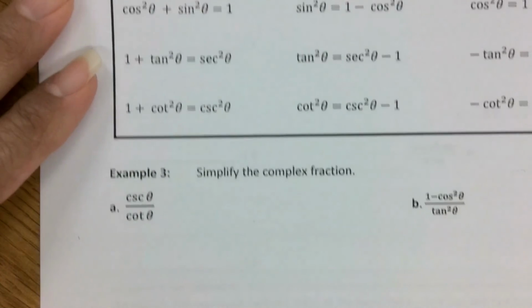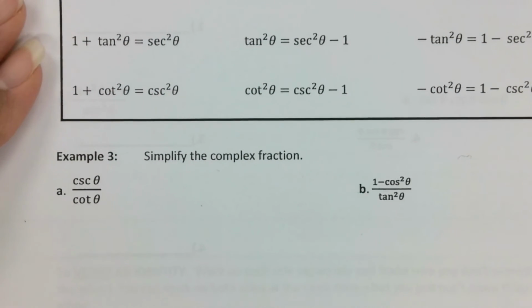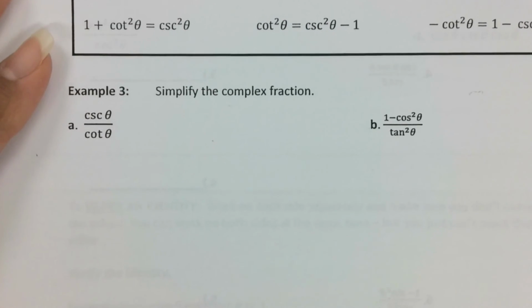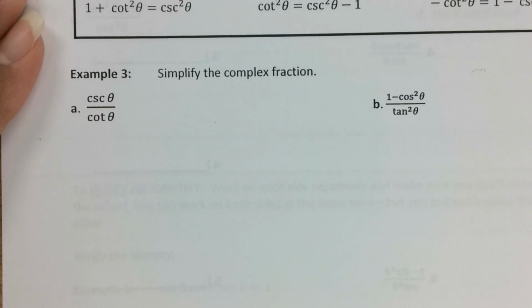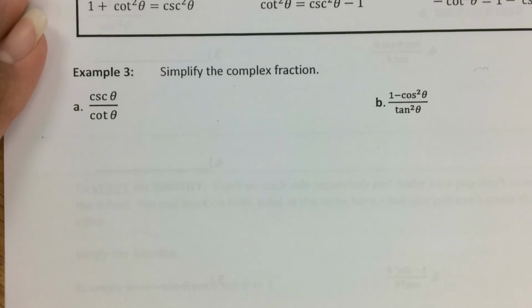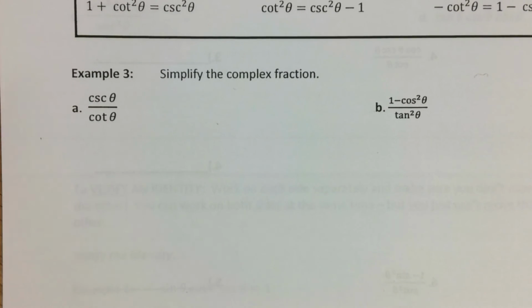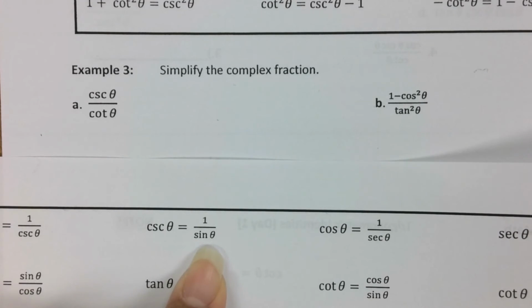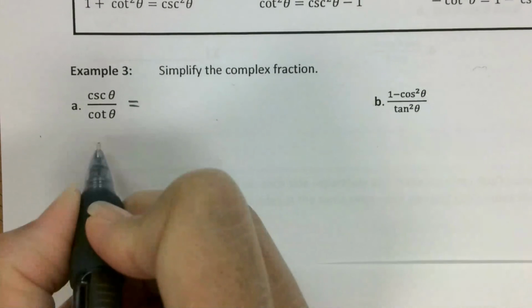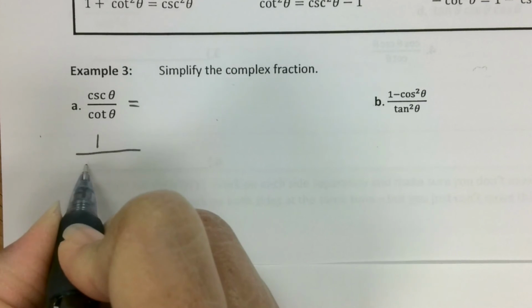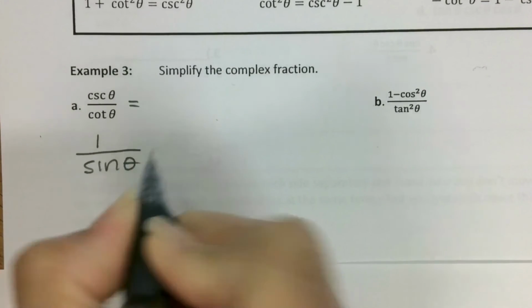So over here, for example, number 3, we have the cosecant of theta divided by the cotangent of theta. So cosecant, looking up at our chart, is going to be 1 over sine. So let us write 1 over sine theta.